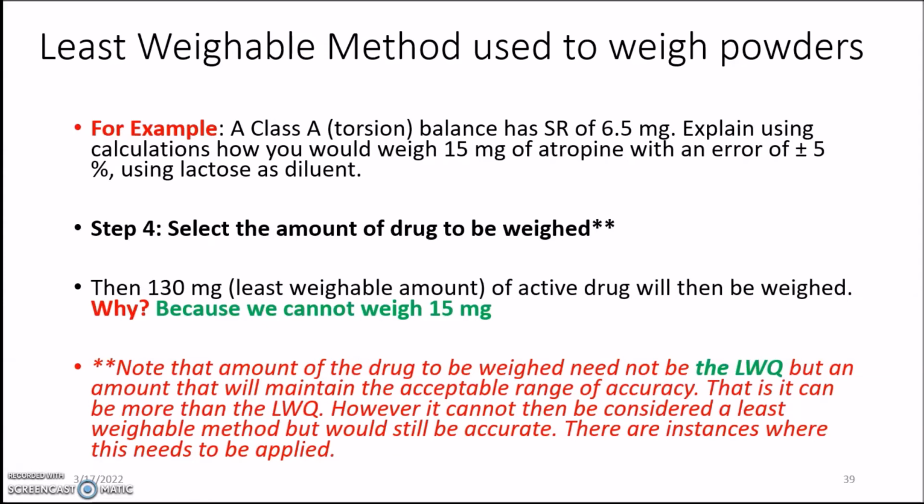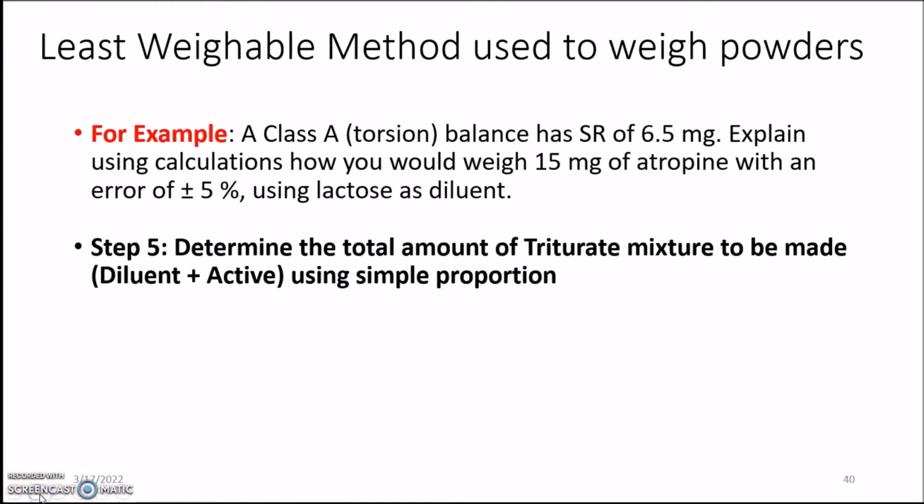But that does not mean it's not accurate. It just means that you are not weighing the least weighable amount of drug in order to make your concentrated triturate or mixture. And there are instances where you are going to be required to weigh more than the LWQ.